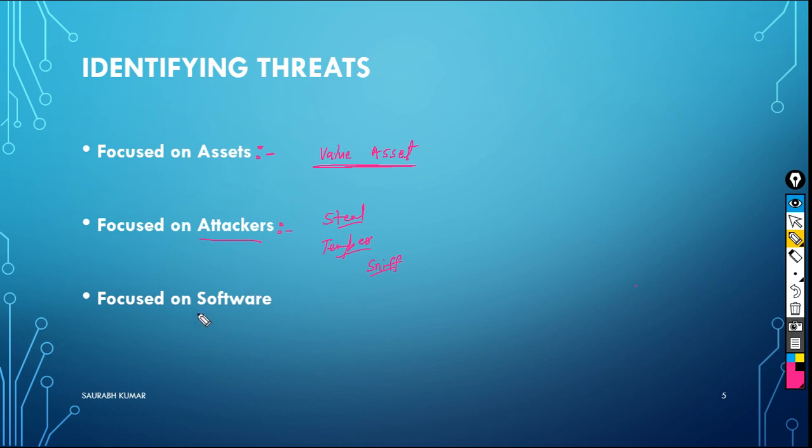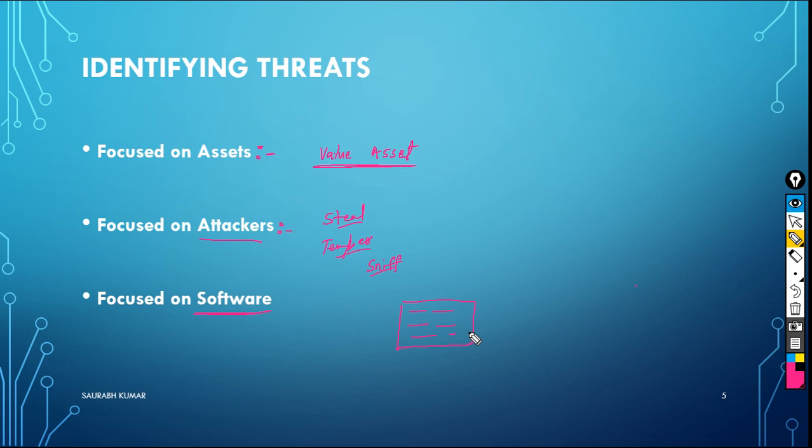So that's why the third category we can use is focused on software. The meaning is that if an organization develops any kind of software, it can consider the potential threats against the software. Maybe you are developing a website, or making a program. Obviously, to make it attractive and nice looking, you may add many different designs and cool features.